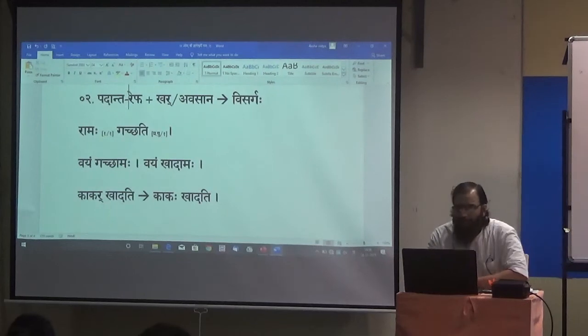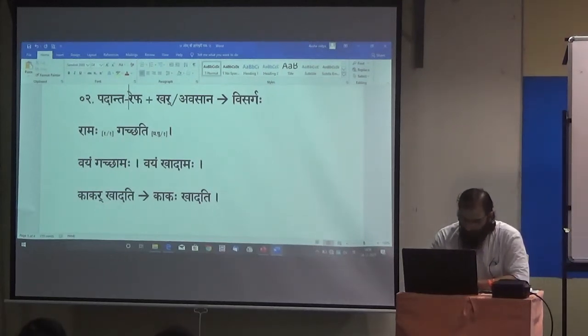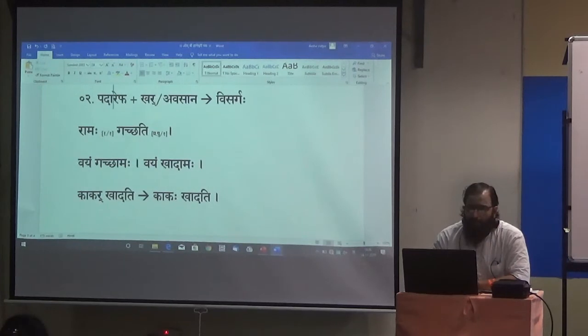But the condition Padanta Repa is not there. It could be any Repa, at the end of a Pada or not at the end of a Pada. Any Repa. So Padanta Repa is understood, that's why I didn't write it. Repa followed by kar or Avasana becomes Visarga.